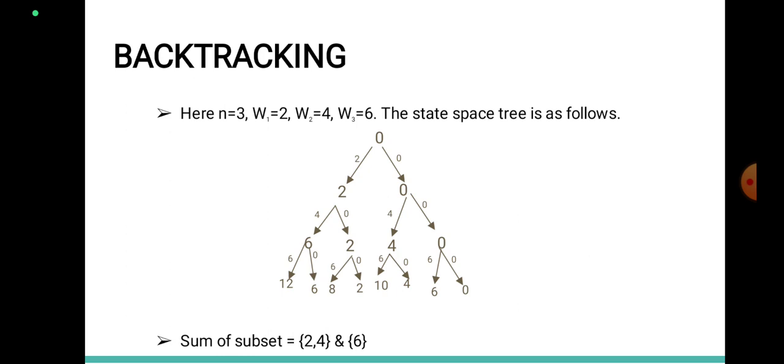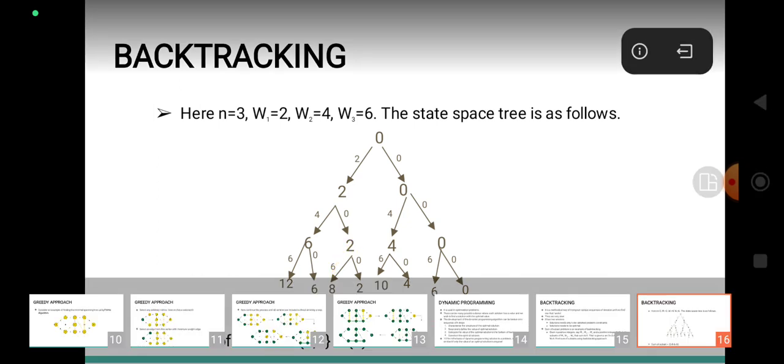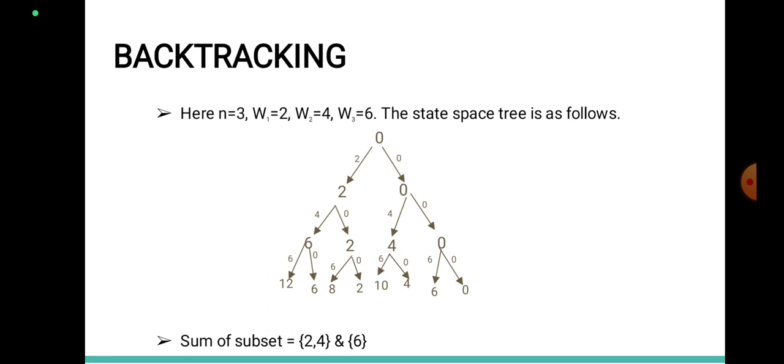Now we have w3 equal to 6. From 6 we get 6 plus 6 equal to 12 and 6 plus 0 equal to 6; 2 plus 6 equal to 8, 2 plus 0 equal to 2; 4 plus 6 equal to 10, 4 plus 0 equal to 4; 0 plus 6 equal to 6 and 0 plus 0 equal to 0. So here we have found 2 sixes.